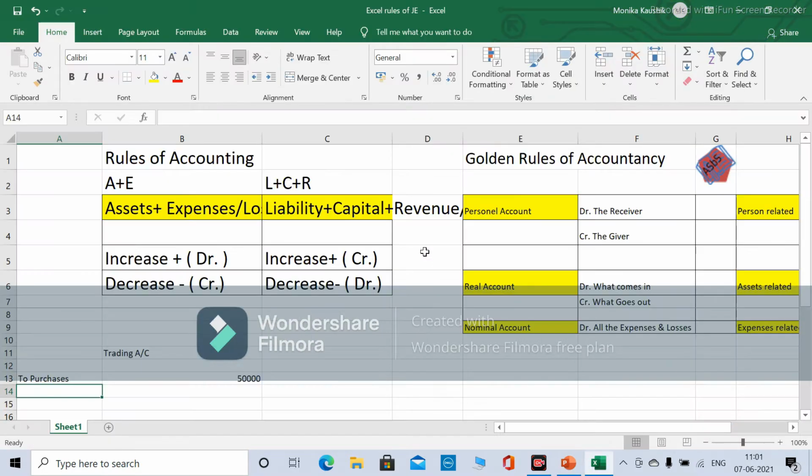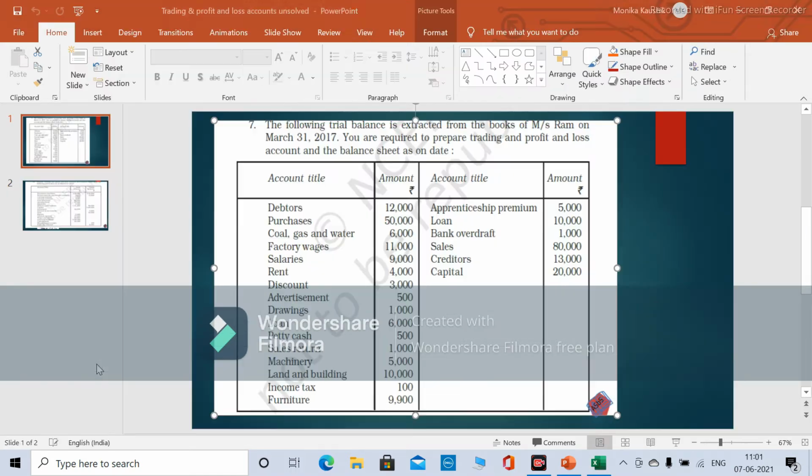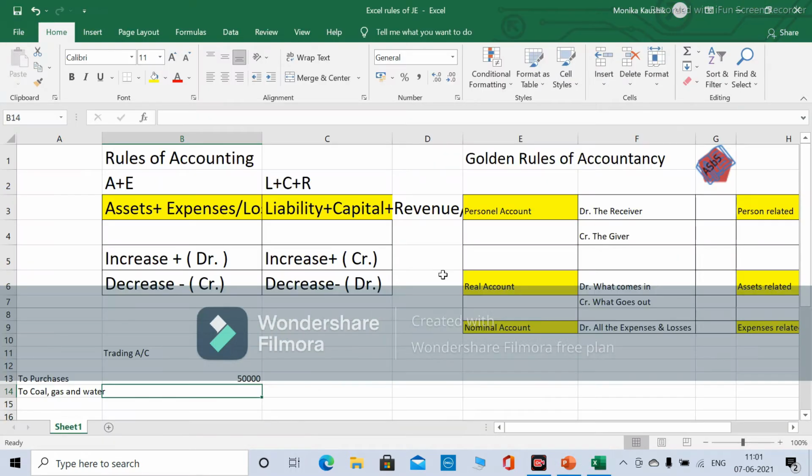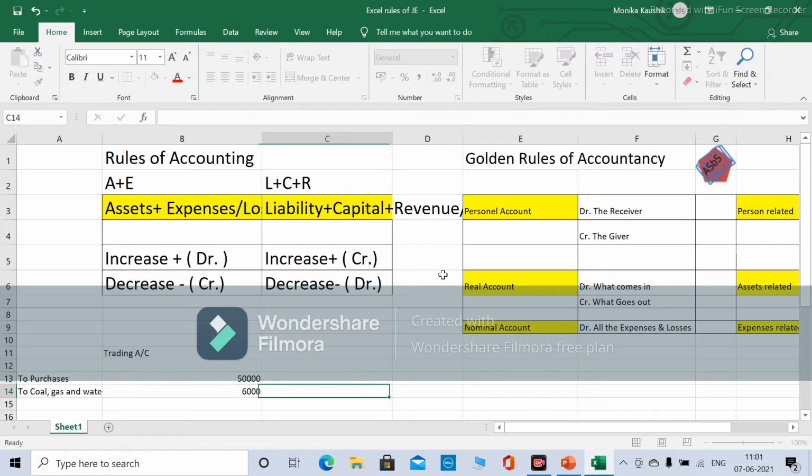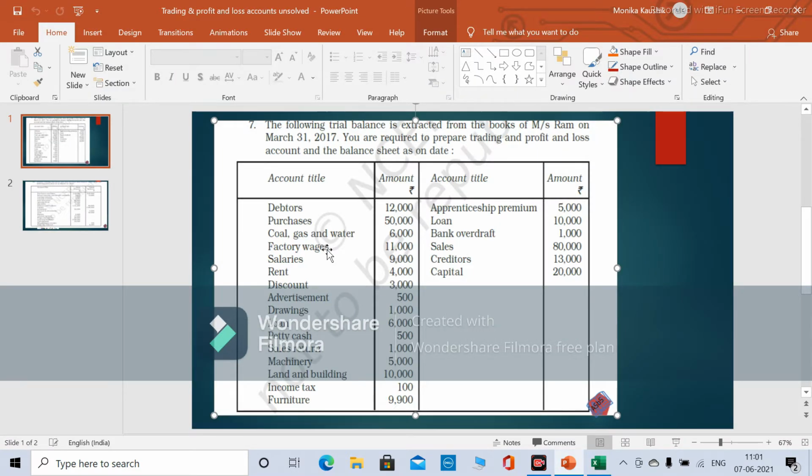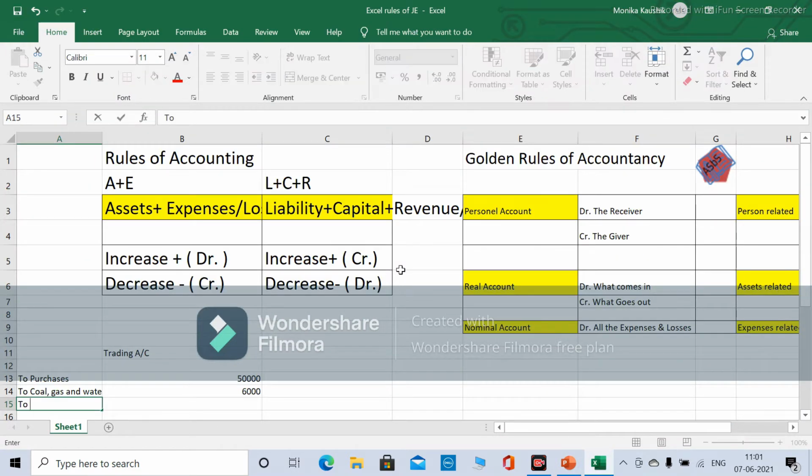Next one is coal, gas and water. This is related to factory expenses, or direct expenses, so it also goes to the trading account, 6,000 rupees. Next is factory wages. Factory related, already mentioned here, so direct expenses, 11,000.